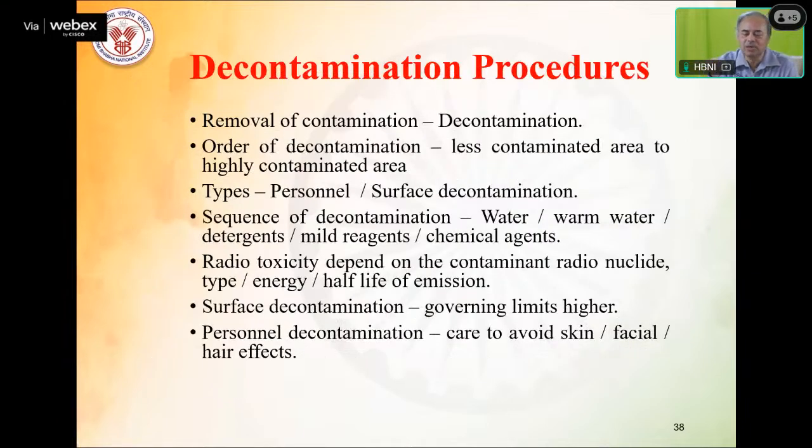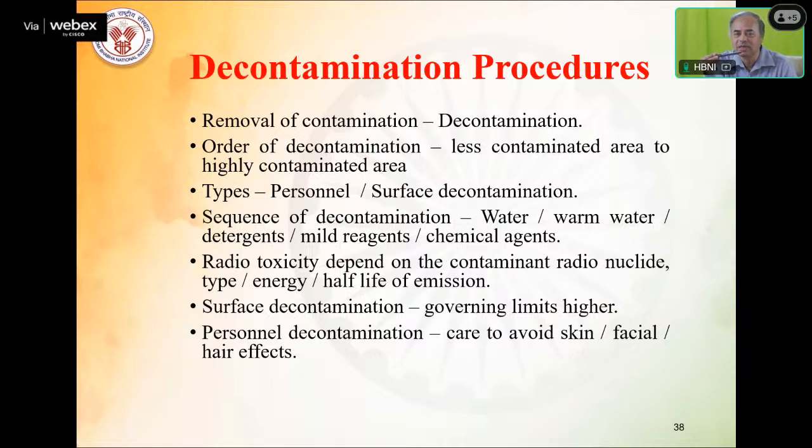Decontamination principles: removal of contamination. The order of decontamination is from less contaminated area to highly contaminated area. As we know, when we clean our room, we always go from the cleaner section to the non-cleaner section. We don't go the other way around. Wherever dust is high, we carry it to the non-dust area.